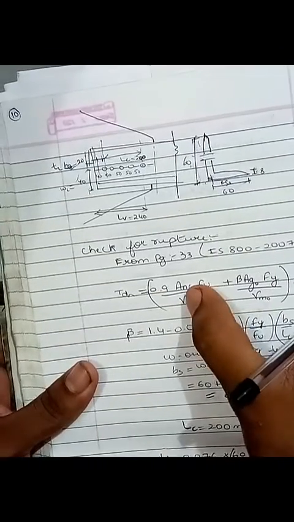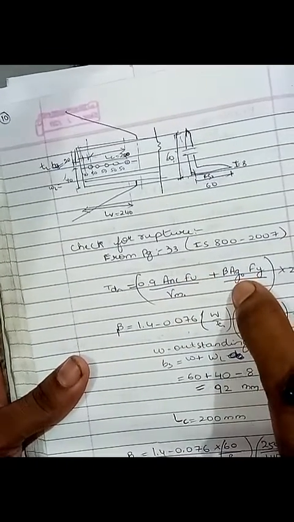You can see in the TDN formula there is ANC and AGO. So what are those? Let's just see.